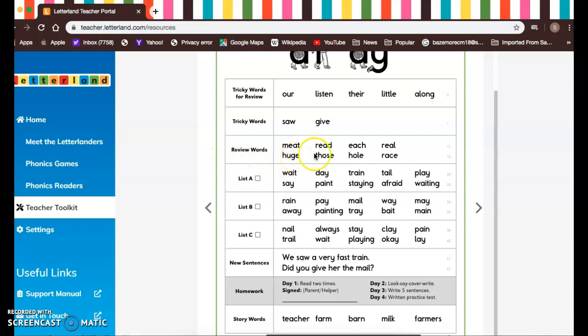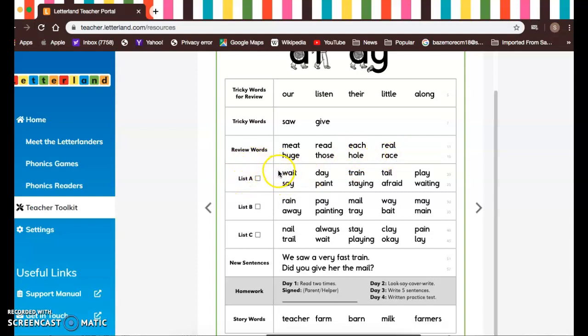Meet, read, each, real, huge, those, whole, race.